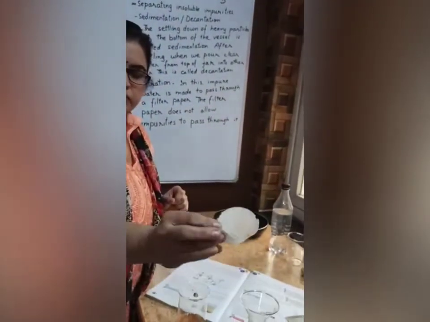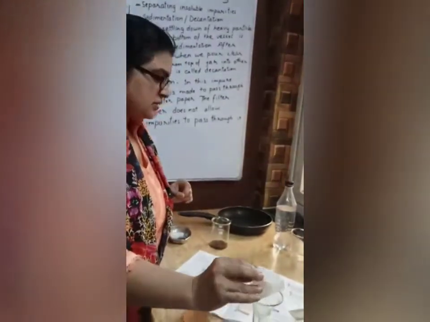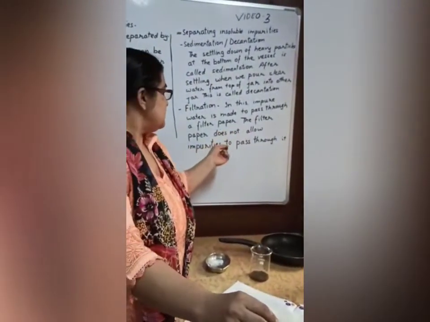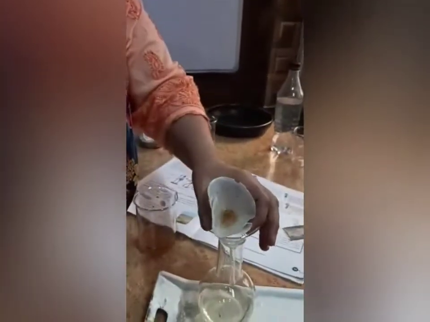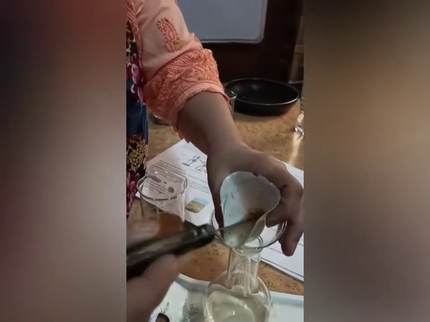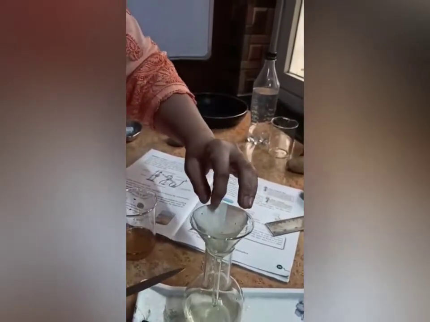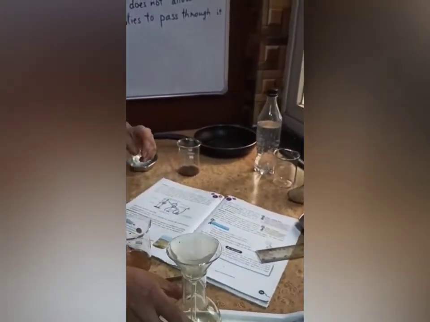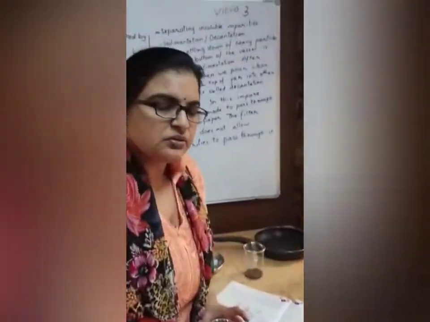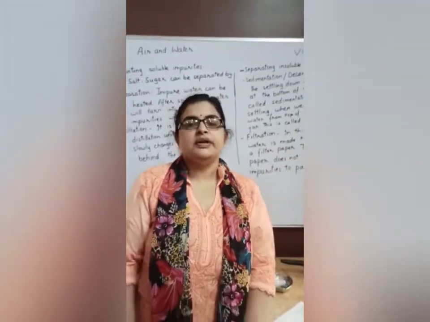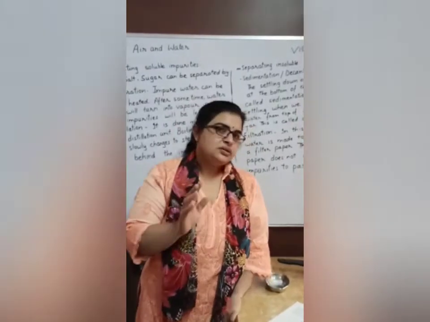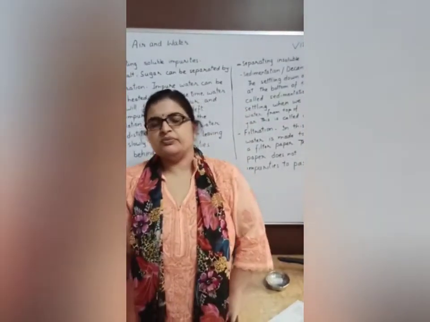We made a cone of the filter paper, and this filter paper does not allow the impurities to pass. See, all the impurities are in the filter paper only, and below this we can collect the clear water. So these were the processes of separating the soluble as well as the insoluble impurities from the water.